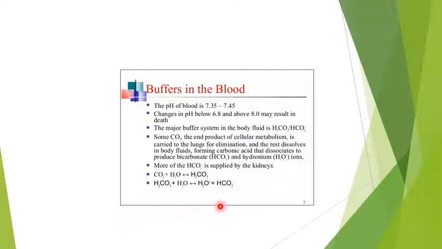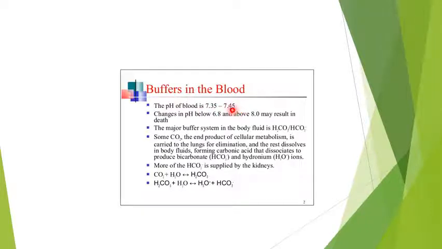Now, in your blood, there are chemical reactions taking place, and those chemical reactions have to take place around 7.35 and 7.45. And as a nurse, you will learn about this. Now, if it gets too high or too low, then the chemistry in your blood can go wacky, and then you can have some serious problems.